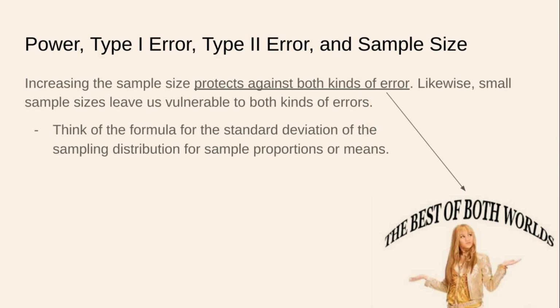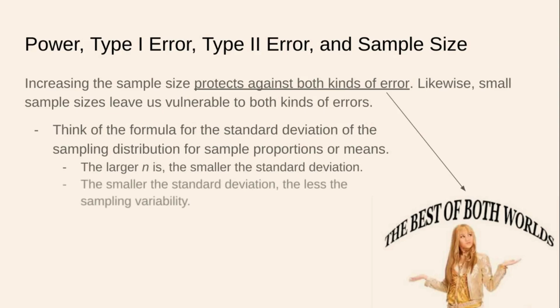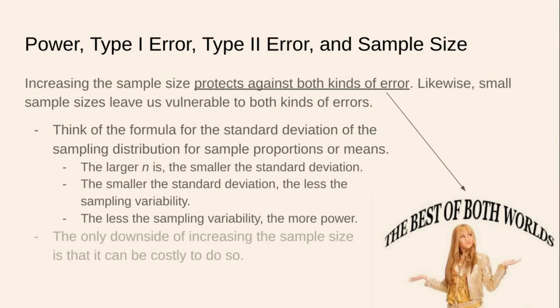So the bigger the value of n, the lower the variation. The smaller the standard deviation, the less the sampling variability, the clearer our result. And the less the sampling variability, the more power, and we like power. If there's a false null hypothesis, we would like to be able to reject it. The only downside of increasing sample size is money, money, money.